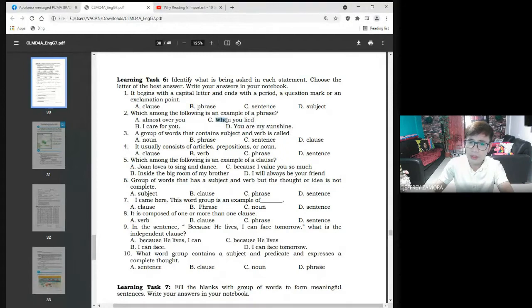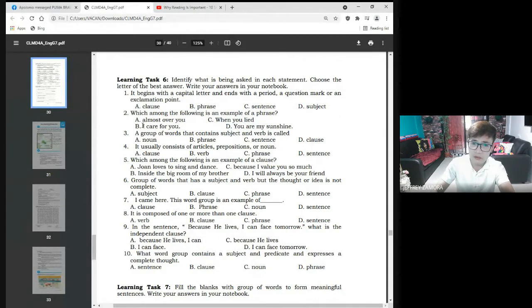But the word when, it begins with a wh, which is when you lied. So the sense of the sentence became incomplete. What happened when you lied? Nothing, right? That is incomplete in sense. So that's why it is a clause.